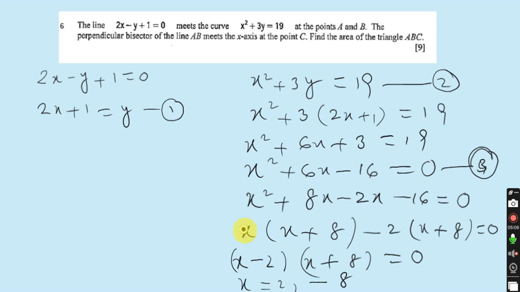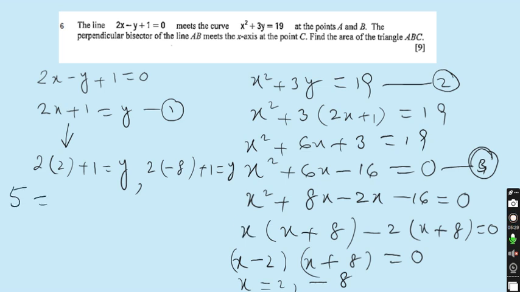Now put this value of x in equation number 1. 2 times x, where x is 2, plus 1 equals y, and 2 times x, where x is minus 8, plus 1 equals y. 2 times 2 is 4, plus 1 is 5, and 2 times minus 8 is minus 16, plus 1 is minus 15.